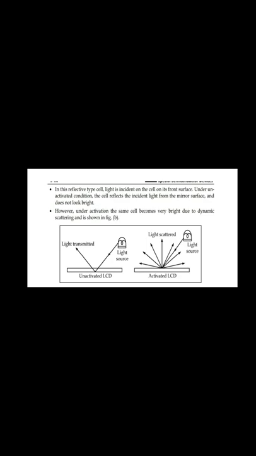When an electrical potential is applied between these two conductive electrodes, the liquid crystal molecules are randomly oriented. This random orientation of liquid crystal molecules scatters light in all directions. When the liquid is not activated, it is transparent.